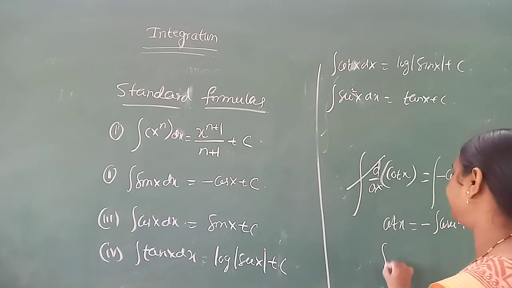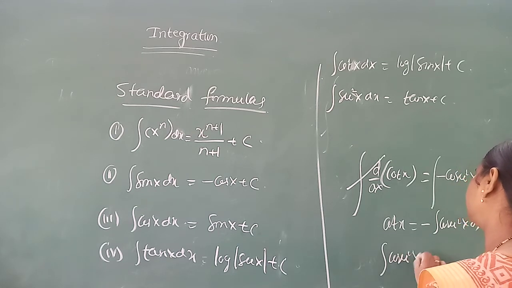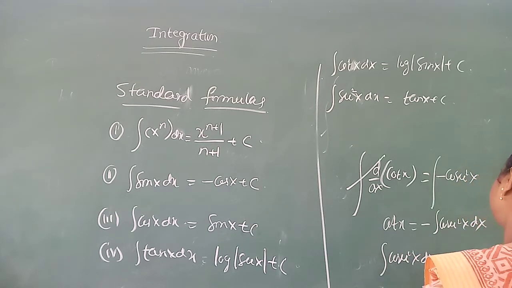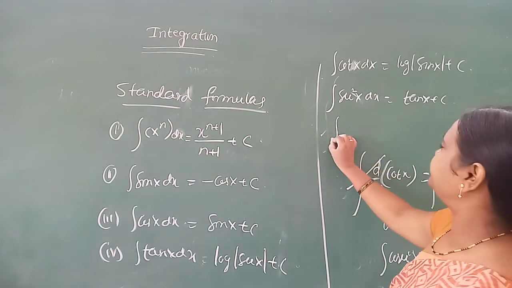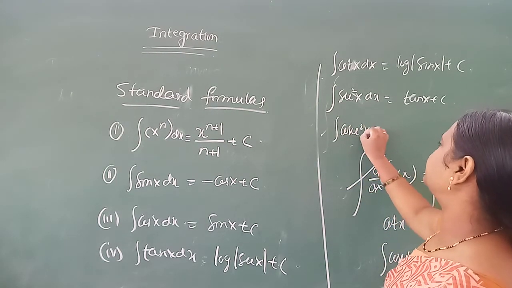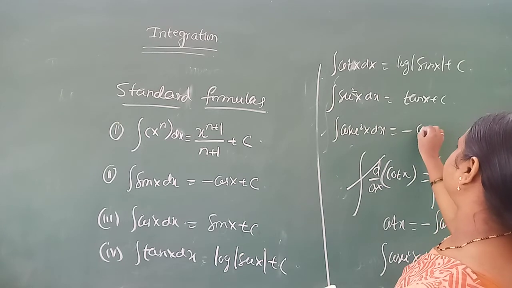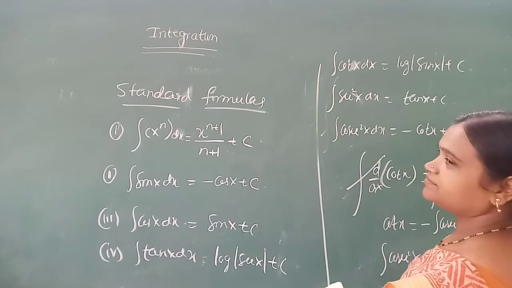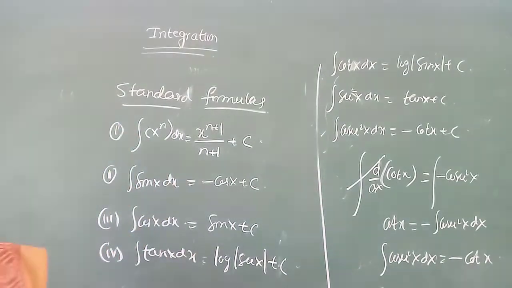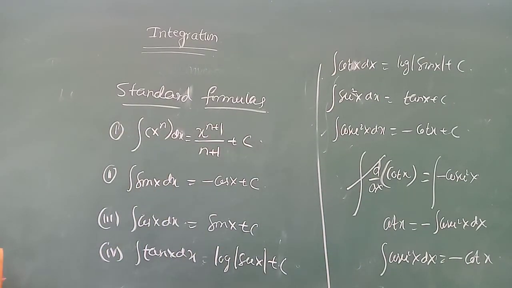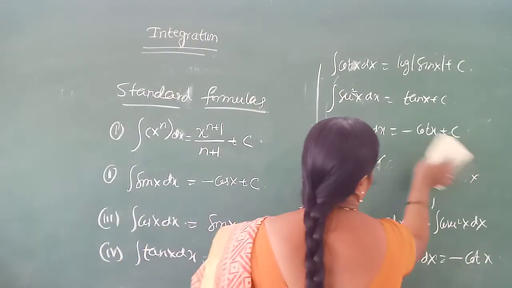Or integration of cosec square x dx is what? Minus cot x. Okay, therefore we can write integration of cosec square x dx is minus cot x. Means we get integration is the inverse process of differentiation.